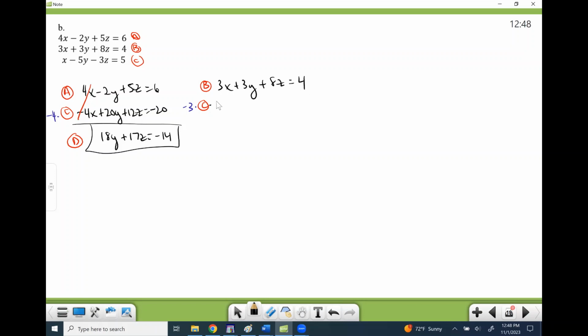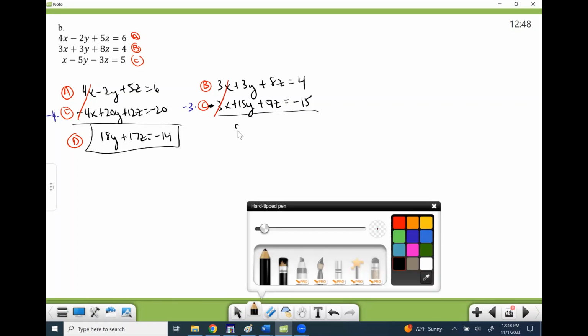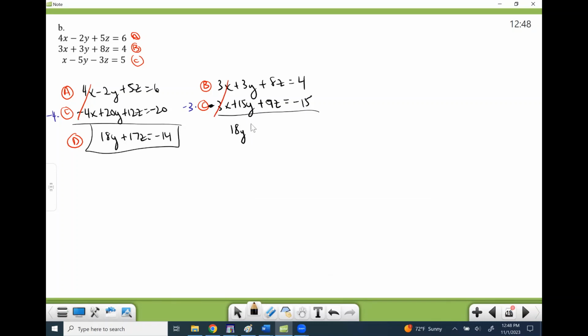Okay, and I'm going to multiply by -3 to the bottom equation, hopefully correctly. Okay, so the -3x and +3x are gone. And we end up with 18y plus 17z equals -11. And you might be seeing some strange stuff kind of happening already.